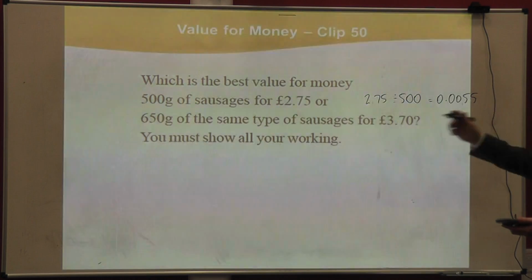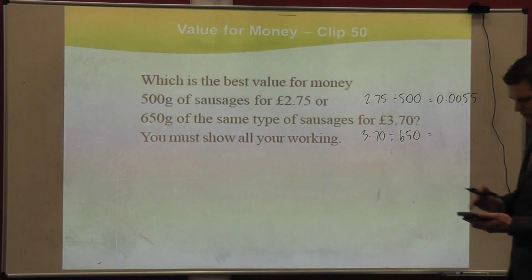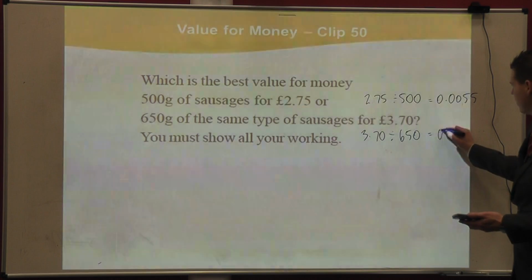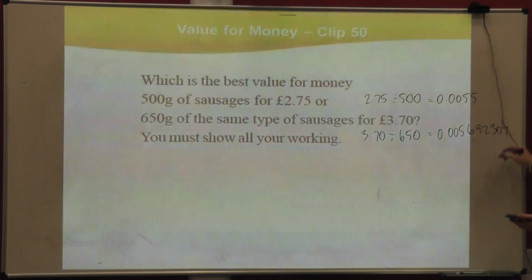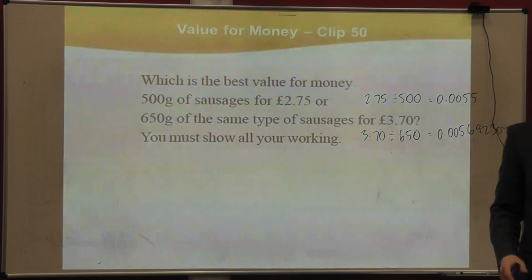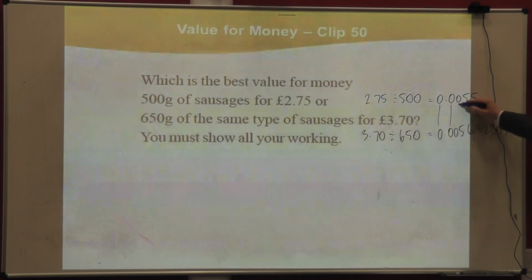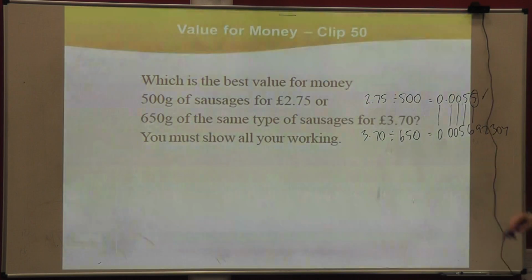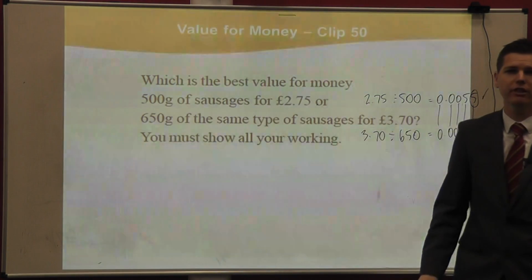Then I do £3.70 and I divide that by 650. £3.70 divided by 650 is 0.005692307. And I just need to work out which one's a smaller number. Not which one's a shorter number, but which one's a smaller number. So they're the same, the same, the same, the same. But straight away, that one's a smaller value, so that one's the smaller number. So my better value is coming from 500 grams of sausages for £2.75.